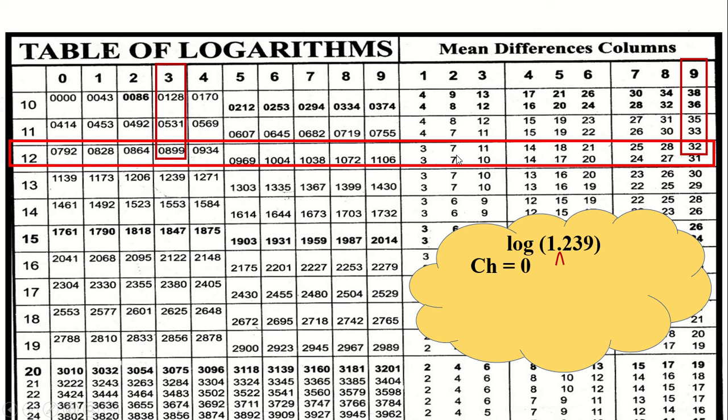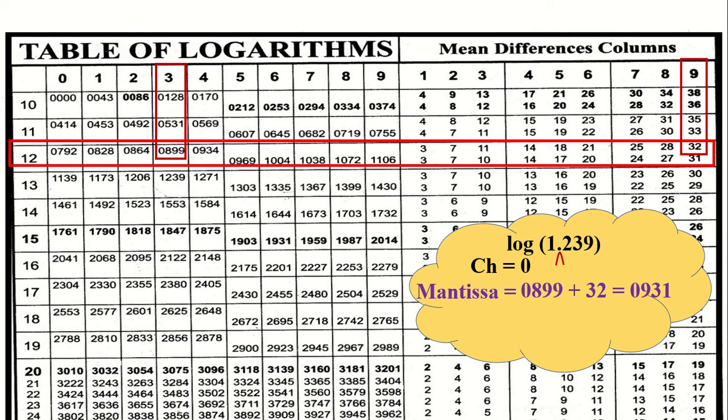Now here we consider the first value 12 in the column of 3, then in the column of 9, 12 in the column of 3, then in the column of 9. It becomes 0899 plus 32. 0899 plus 32, which makes it 0931.